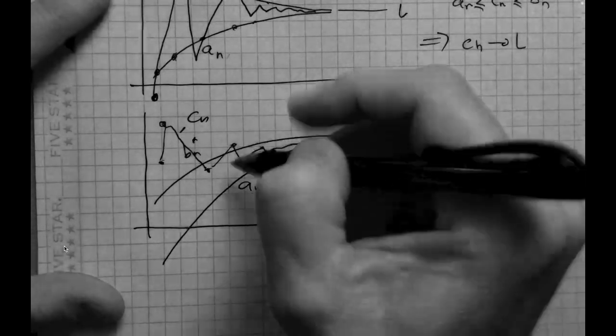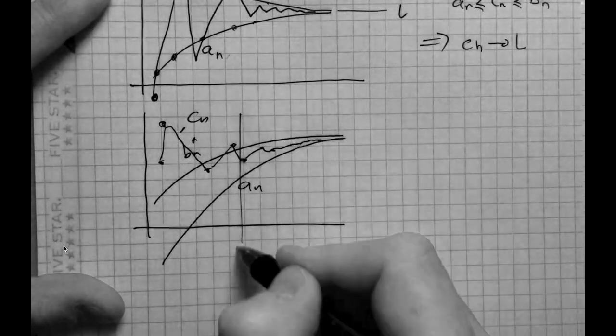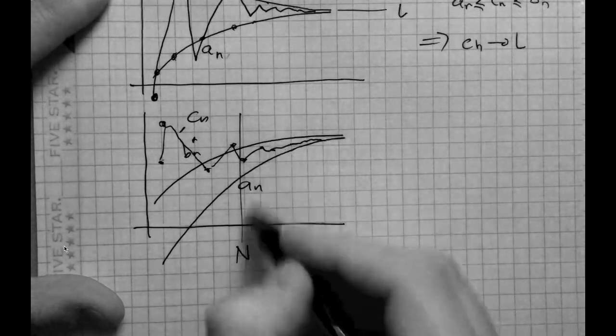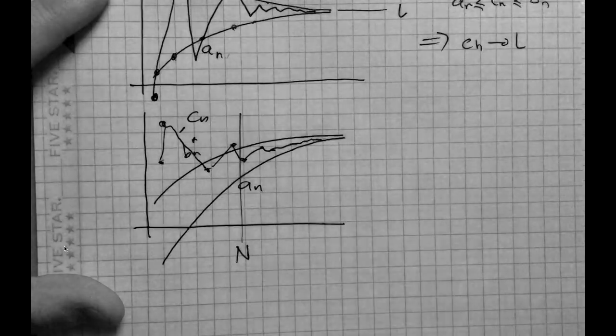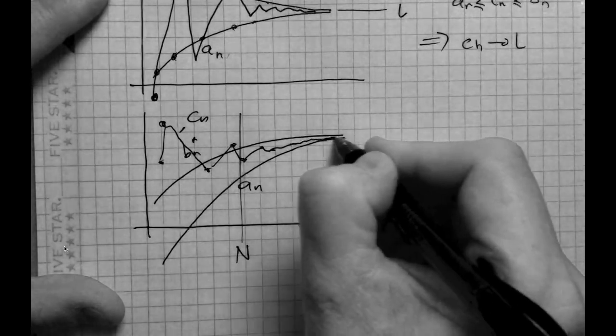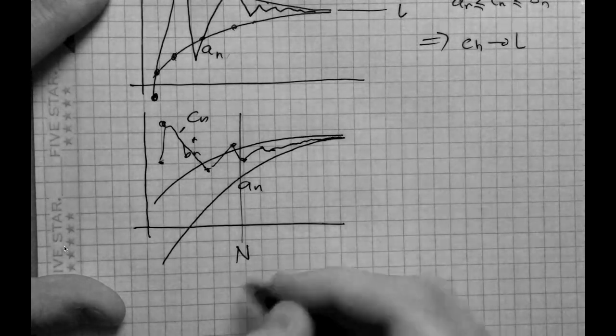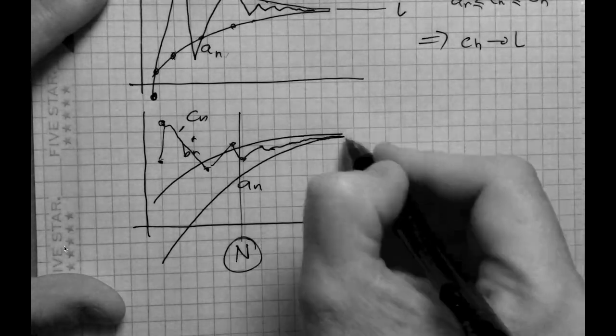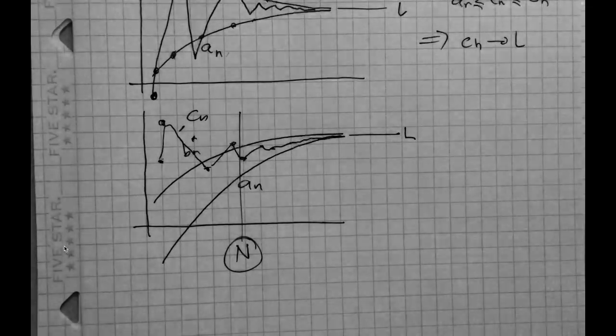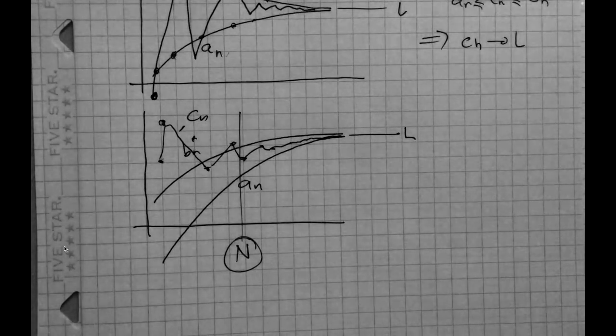So as long as at some point the terms of c are between a and b, and that holds forever beyond a certain point, namely n, then the three will have the same limit. Okay? So that's the idea with the squeeze theorem for sequences.